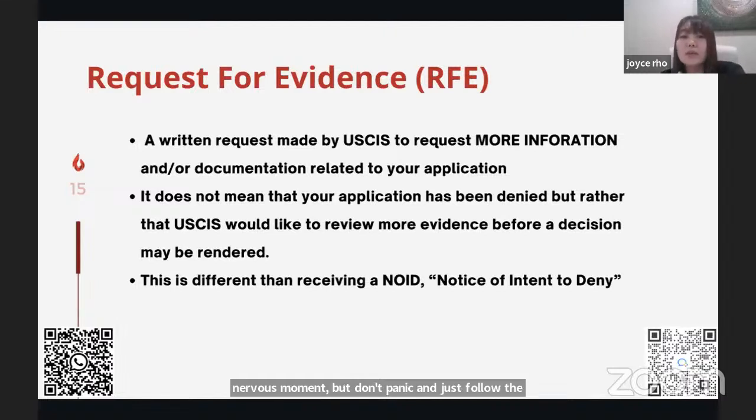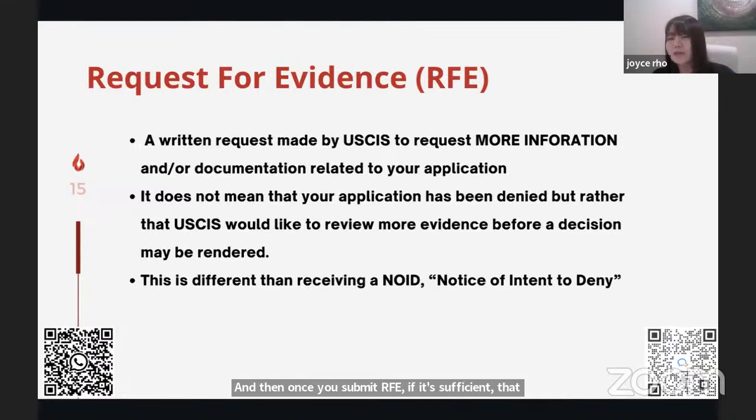An RFE is quite different from receiving a NOID. NOID is a notice of intent to deny. This is more like saying your case is going to be denied if you do not do a certain thing, so it shows a negative outlook on your case. But USCIS doesn't send you a NOID right away. They always send you an RFE first if they want to see something from your side. Once you submit the RFE response, if it's sufficient, that is good, and they will approve your case.